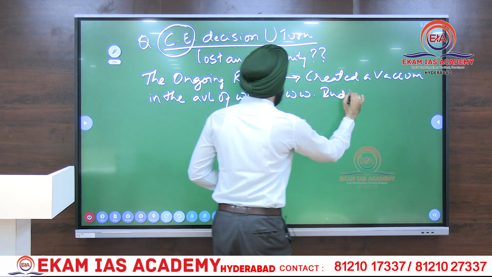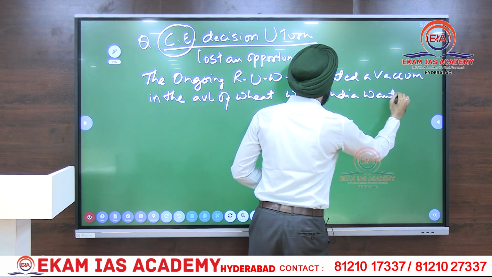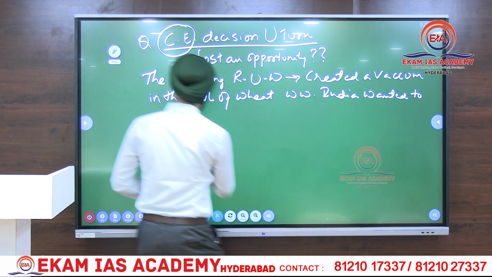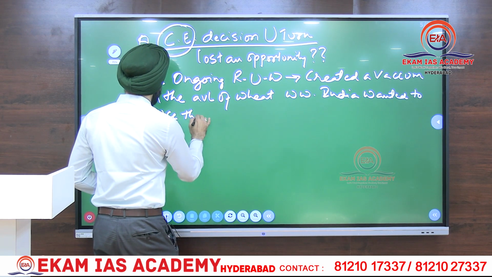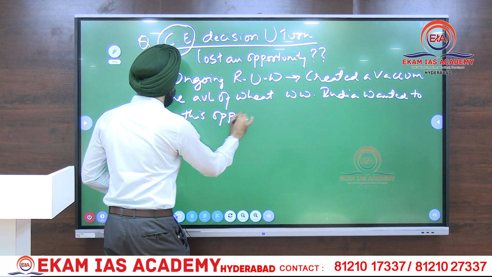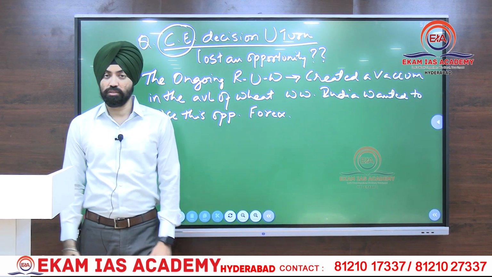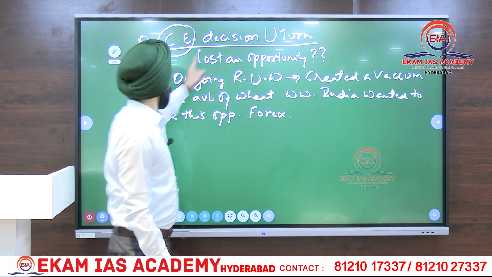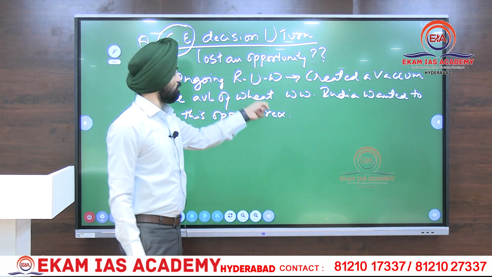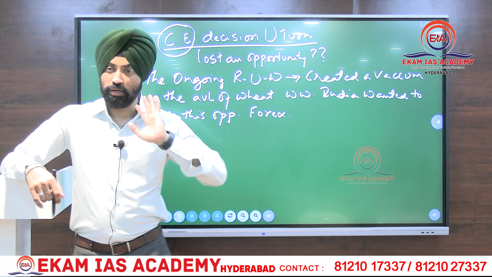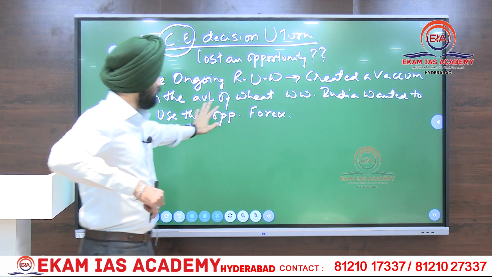India wanted to use this opportunity and earn some forex reserves. Can I start this? So you are telling where this U-turn, how this opportunity. Both you hit in the first line, hardly 1.5 lines.